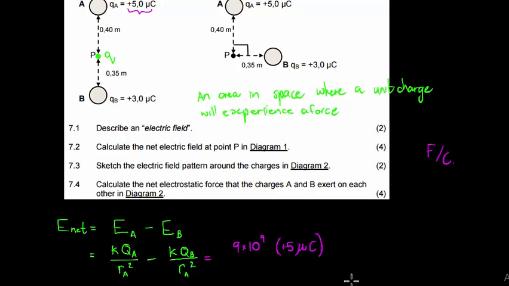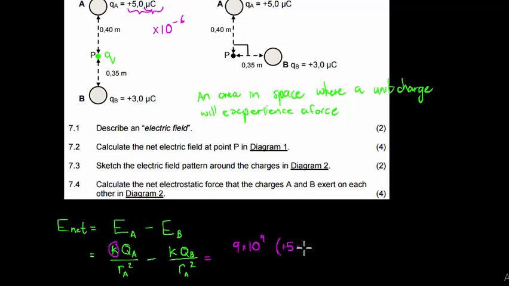But it is important to realize that microcoulomb means times 10 to the power of negative 6. I can't use microcoulomb because K doesn't have microcoulombs in its units when it cancels out.